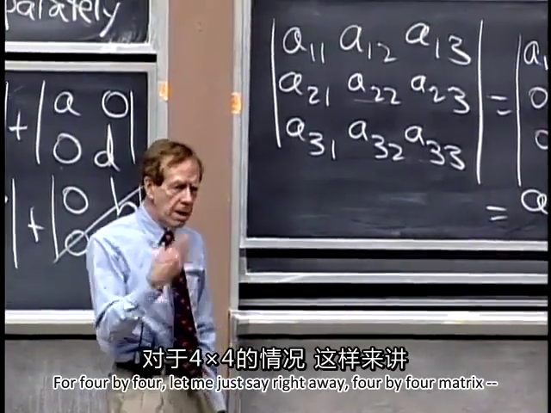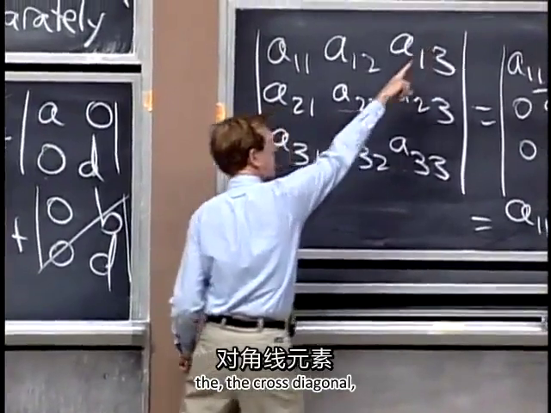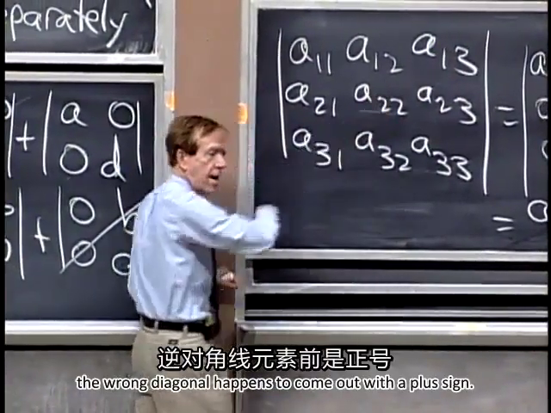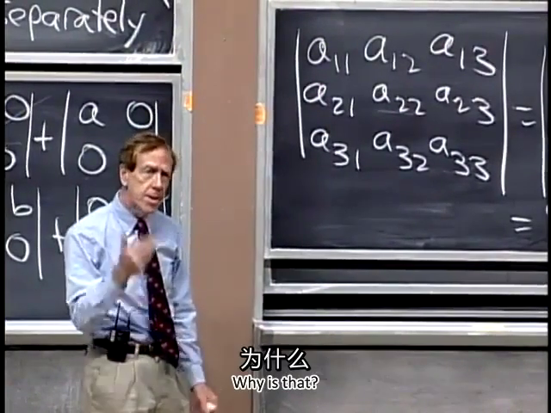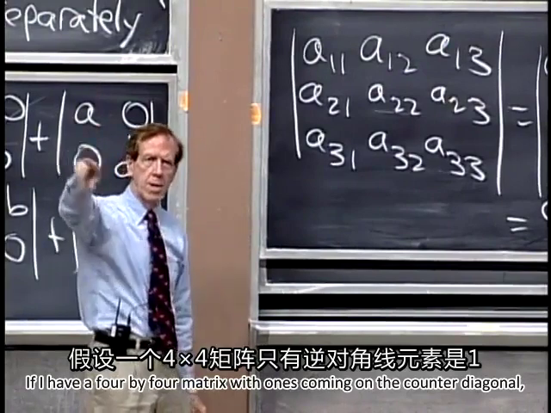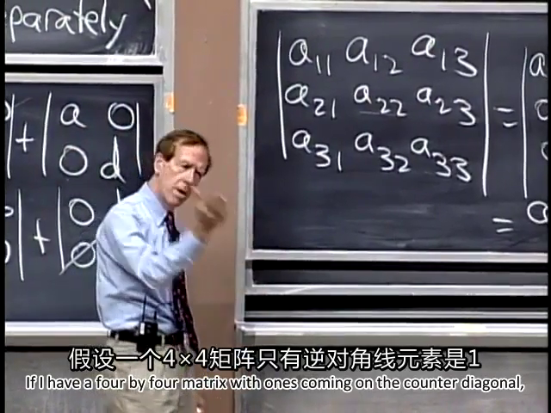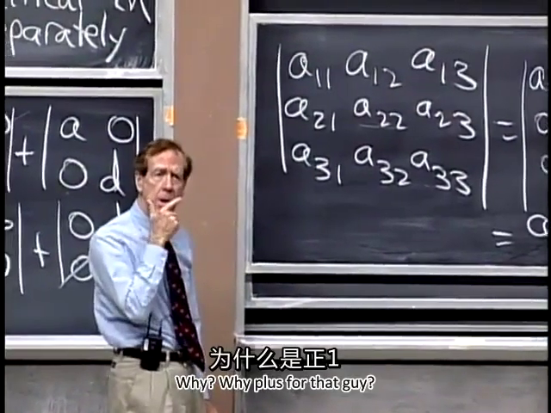For 4x4, let me just say right away, the cross diagonal, the wrong diagonal, happens to come out with a plus sign. Why is that? If I have a 4x4 matrix with ones coming on the counter diagonal, that determinant is plus.